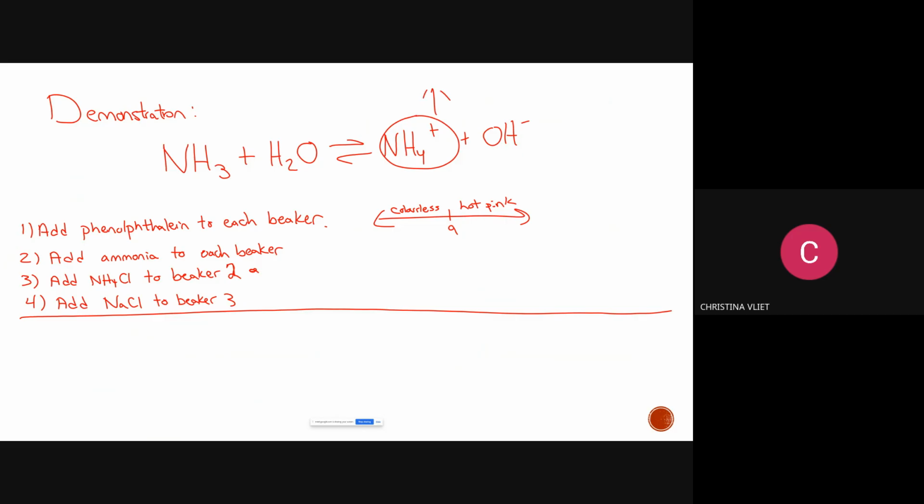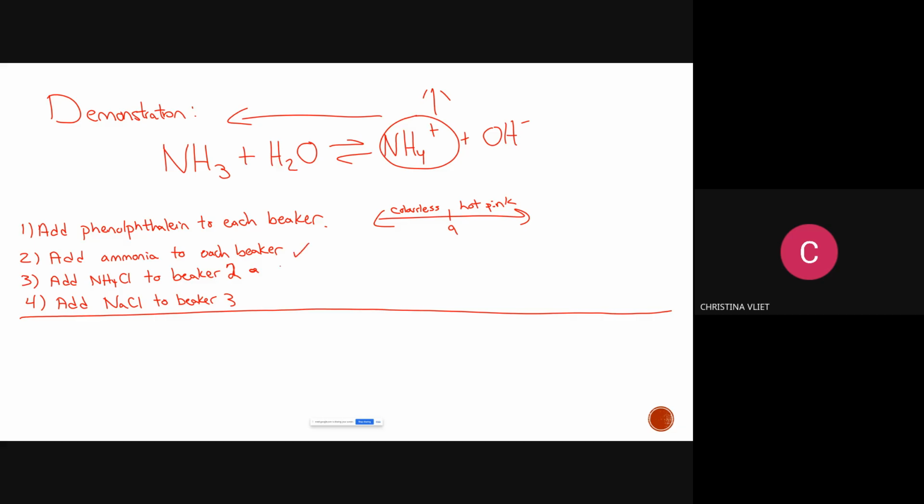It reacts with the OH-. The wording we say is it consumes the excess OH- in the solution. So is it pink anymore? No, because the reaction shifted to make the reactants. And that's why the color disappears. Le Chatelier's principle in action.